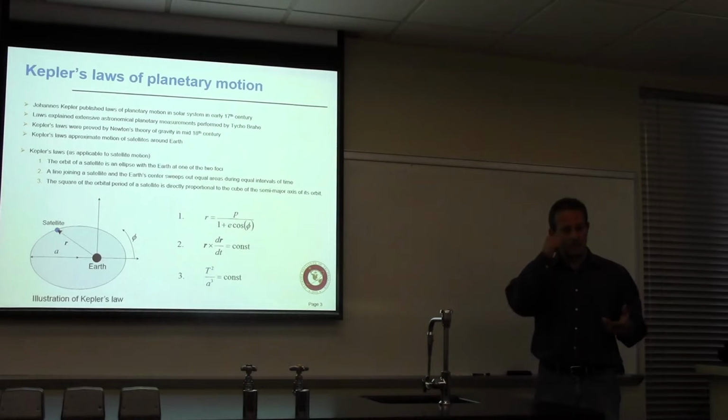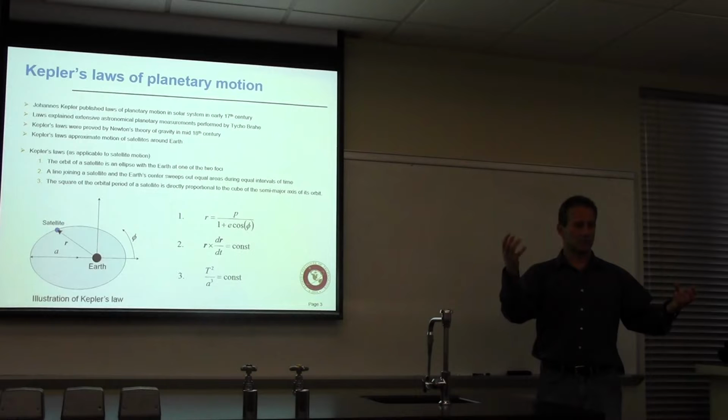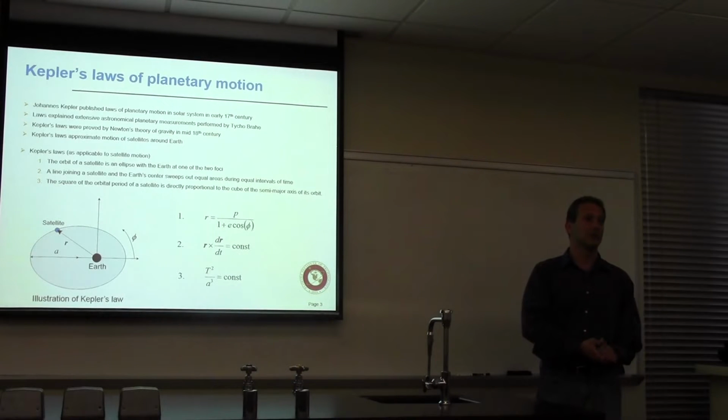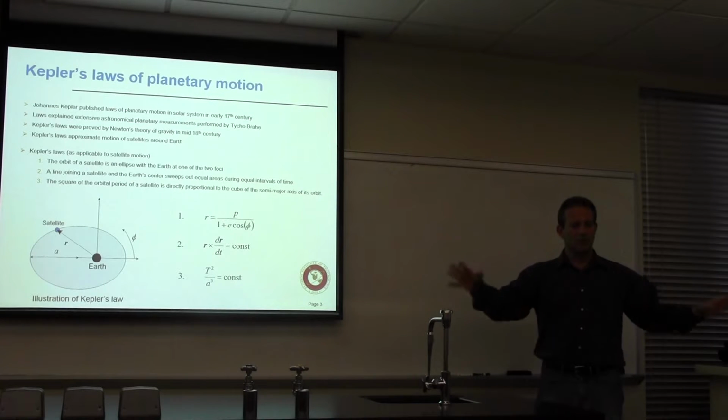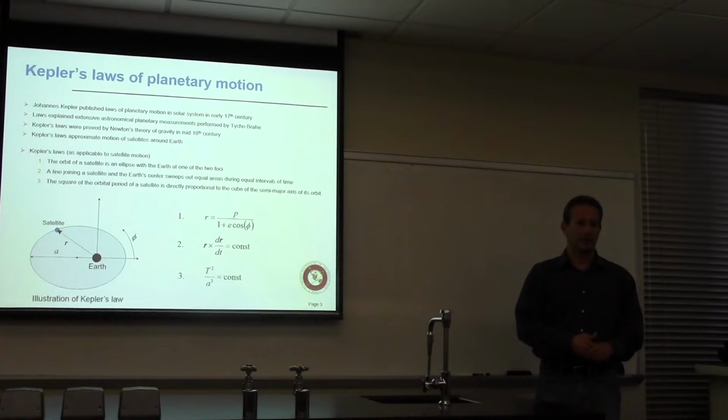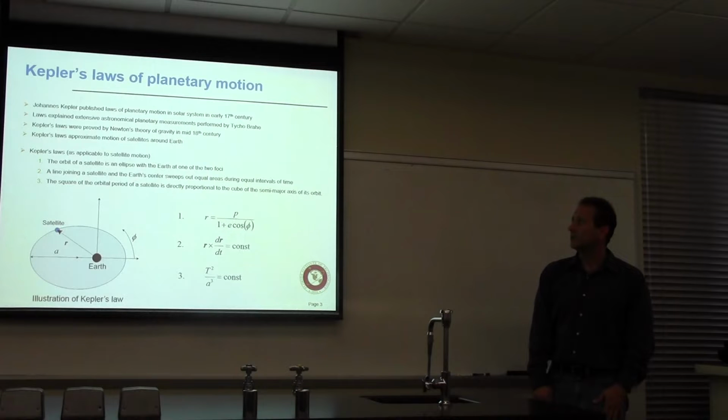In physics, this is referred to as the two-body problem because you have two gravitational sources. One is the Earth, and the other one is the satellite, where the Earth is much bigger than the satellite. And if you neglect all the other things that are impacting the motion of these two, then you end up with these equations that we have here.